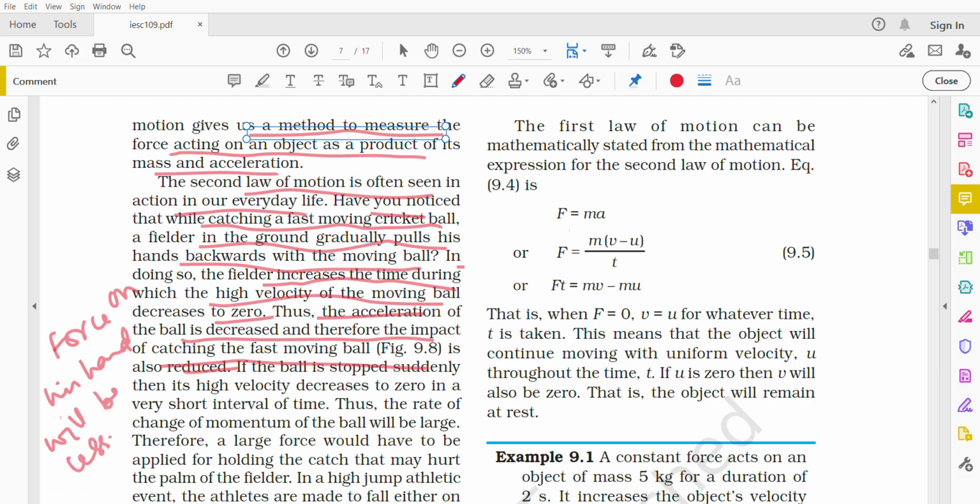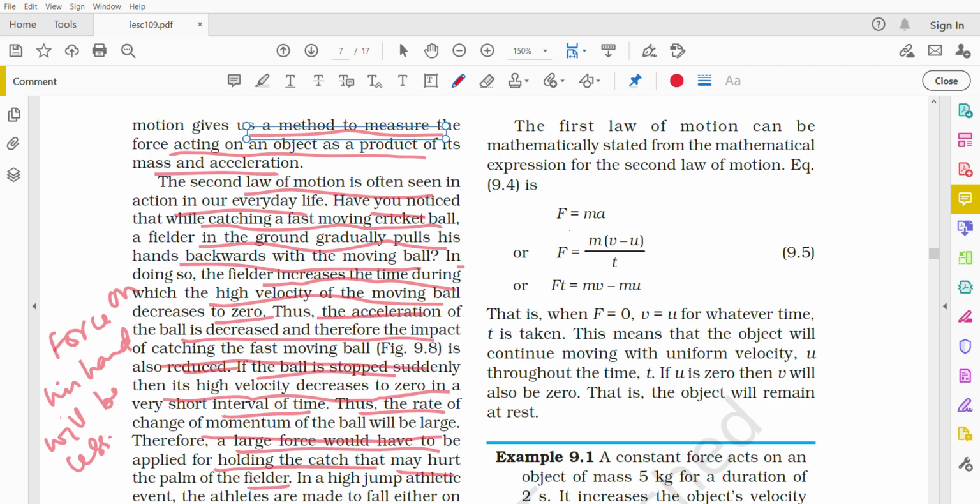If the ball is stopped suddenly, then its high velocity decreases to 0 in a very short interval of time. Thus the rate of change of momentum will be large. Therefore a large force would have to be applied while holding the catch, which may hurt the palm of the fielder.